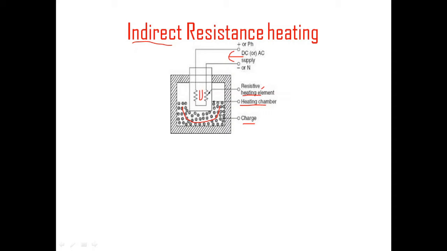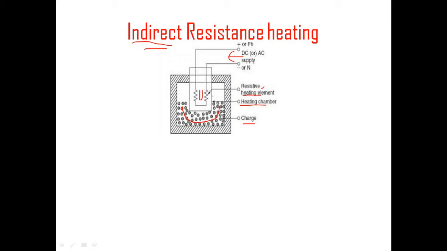That heat will be transferred to the charge through the different modes of heat transfer we have. It may be through conduction, convection, and radiation. All three come into the picture in indirect resistance heating, because the charge is not in contact with the resistance, but the heating chamber, which surrounds the resistive element, is in contact with the charge.